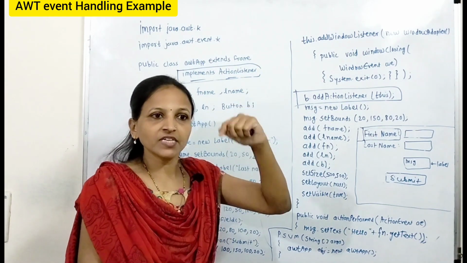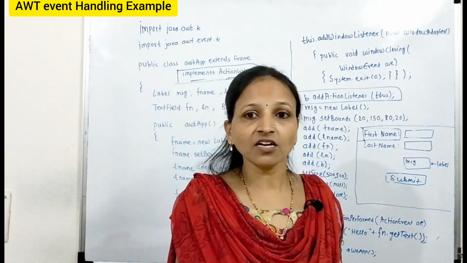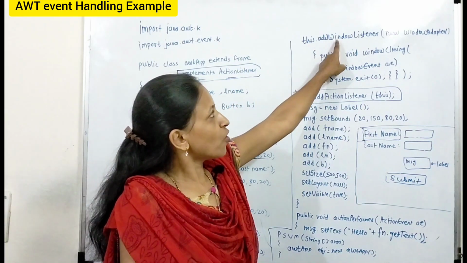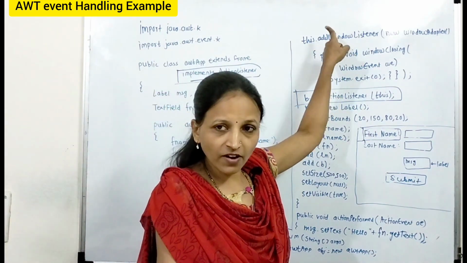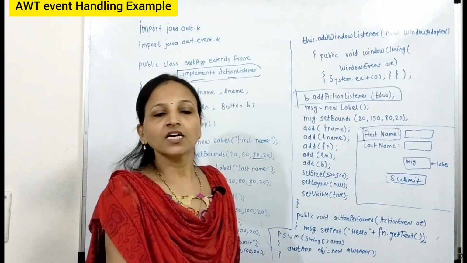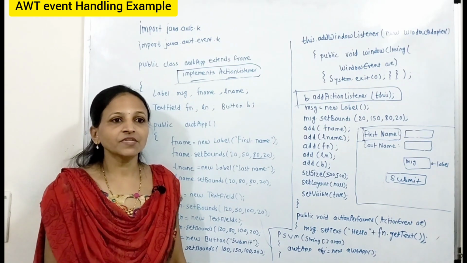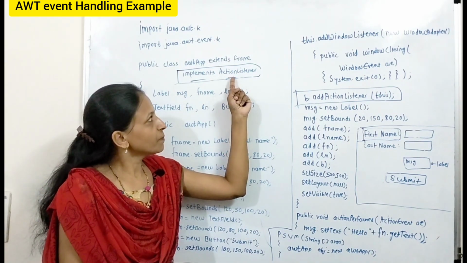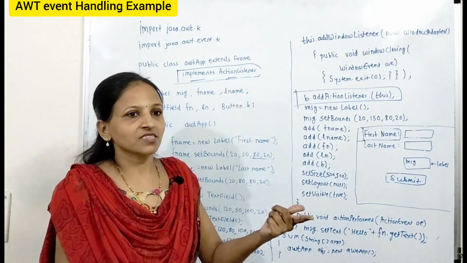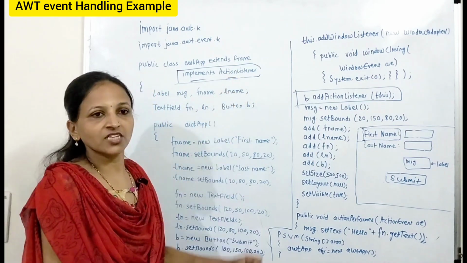Instead of implementing that interface, you can create an object of the adapter class for that window, and pass that object to this listener while calling add window listener. That object we have to pass. See, what is the adapter class concept? Adapter class means, suppose you are implementing this action listener, there is one adapter class that is internally implementing this action listener interface.